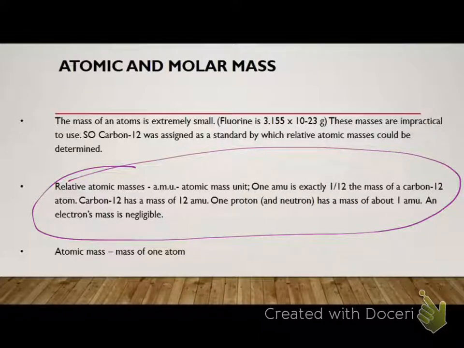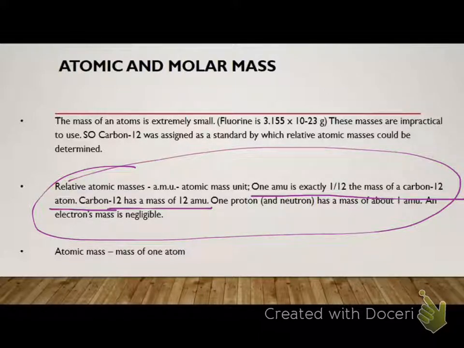So they have a standard that they use to make this more easily understandable. 1 AMU, which stands for atomic mass unit, is exactly 1/12 the mass of a carbon-12 atom, and carbon-12 has a mass of 12 AMU. That way we can all relate to it. Everything's related to that carbon.